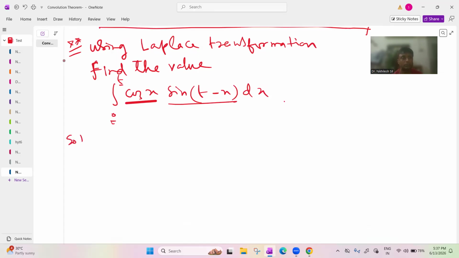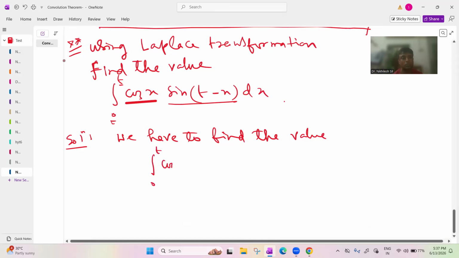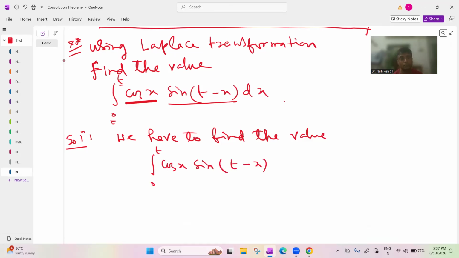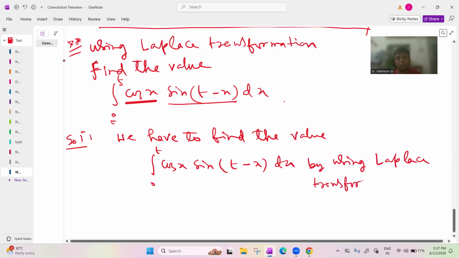Now solution. We have to find the value of integration 0 to t cos x sin t minus x dx by using Laplace transformation. Okay, clear?